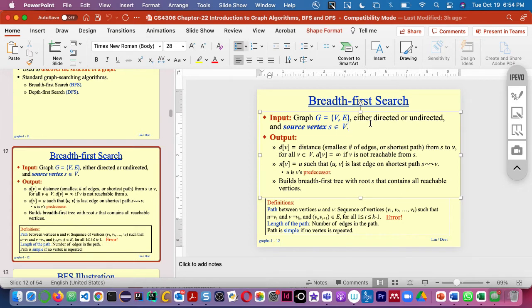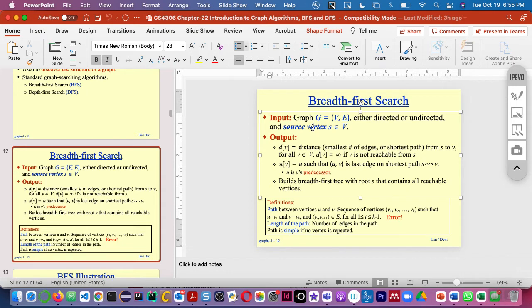Okay, so let us think that we have a graph G of V and E, either directed or non-directed, it's not a matter, and we have a source vertex. As I said, in a graph there is no parent or root.